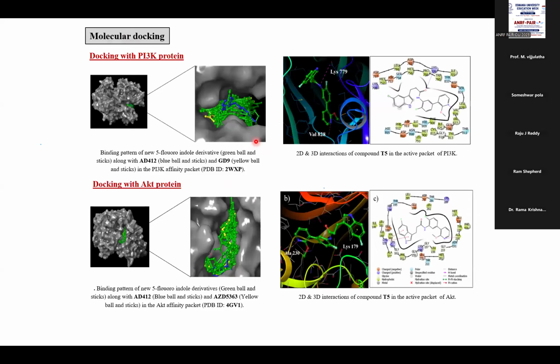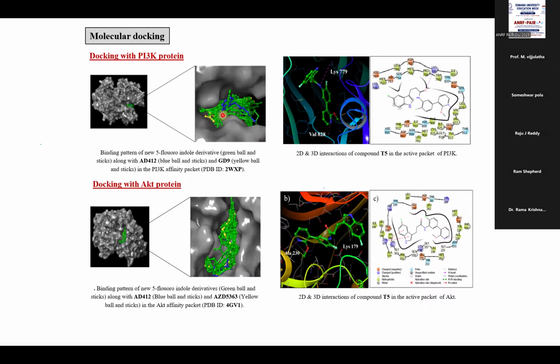And we did the docking, where we took the indole moiety derivatives and checked how they are fitting into the active site of the protein, which is 2WXP. And we could see that the co-crystal ligand, which is in yellow ball and stick, and our molecules, which are in green.